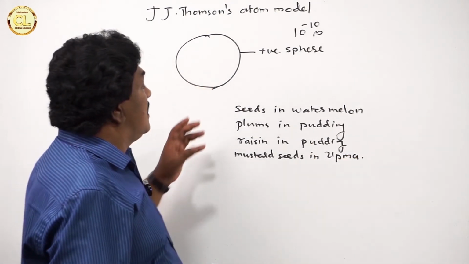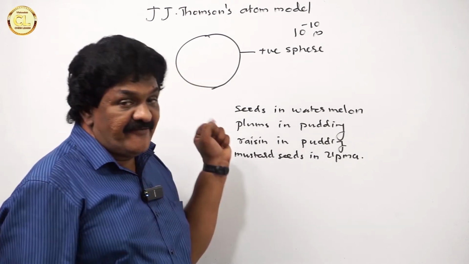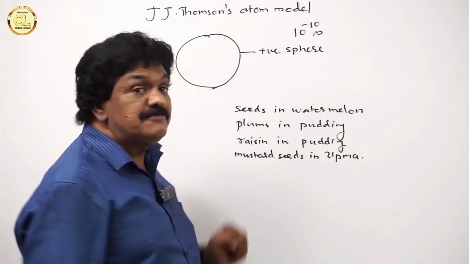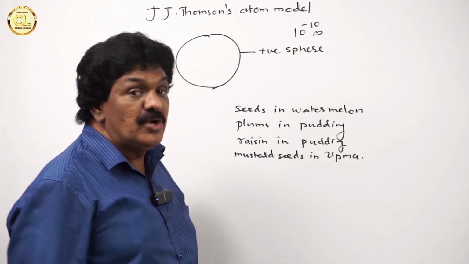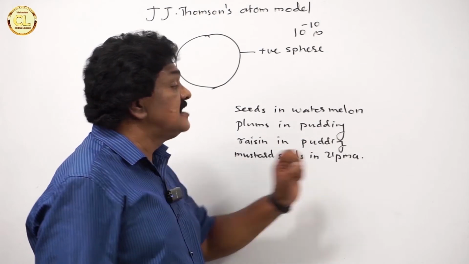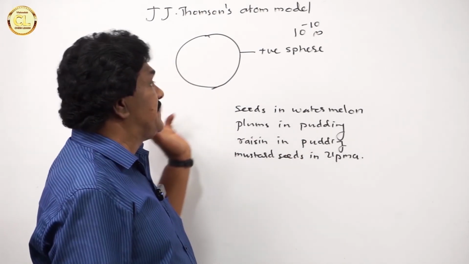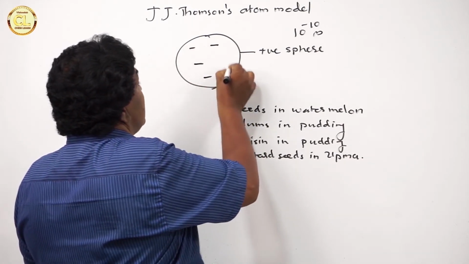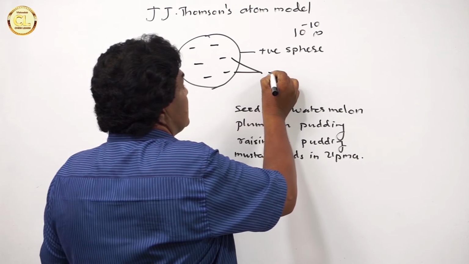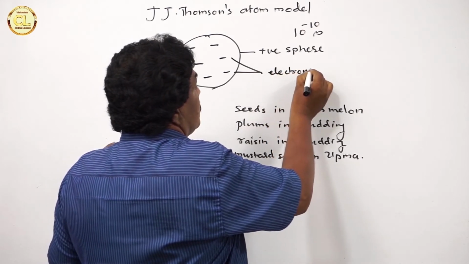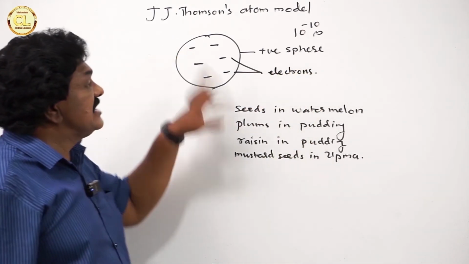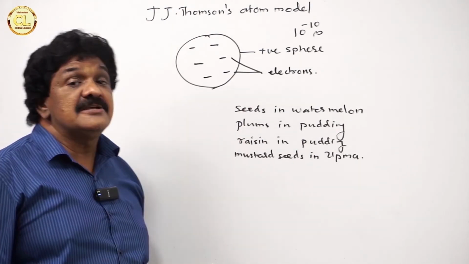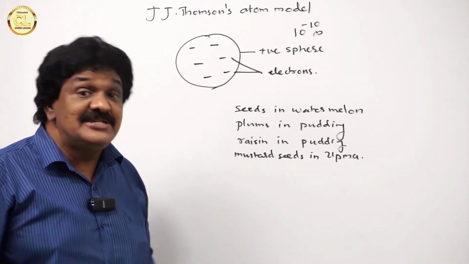See, so this model is otherwise called watermelon model or plum pudding model or raisin pudding model or mustard seed upma model, etc. See, electrons are embedded in the positive sphere. These are electrons. As a result of this, atom is electrically neutral. So, J.J. Thomson's atom model could explain electrical neutrality of the atom.